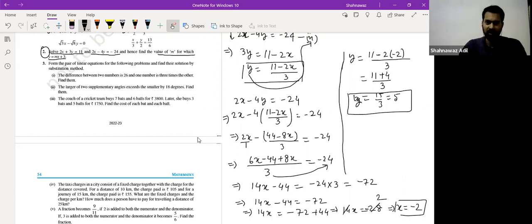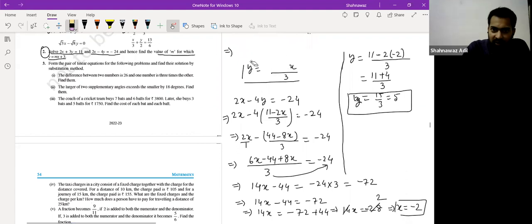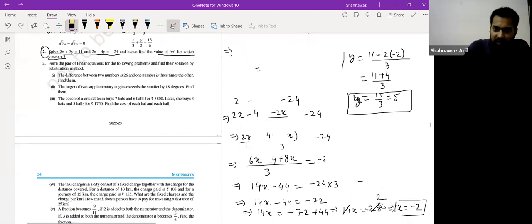Okay, so we only need this part. We have found the value of X and Y.